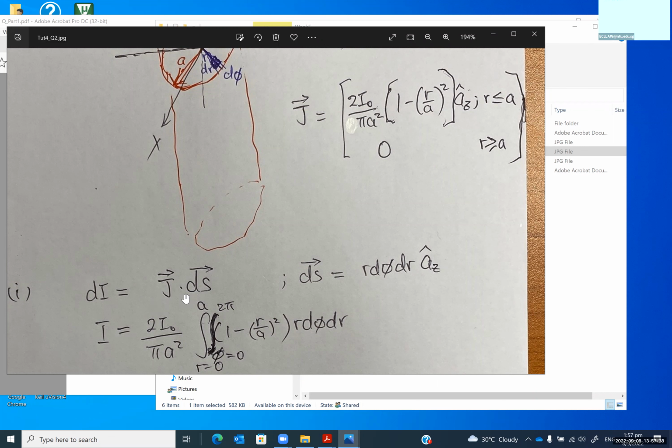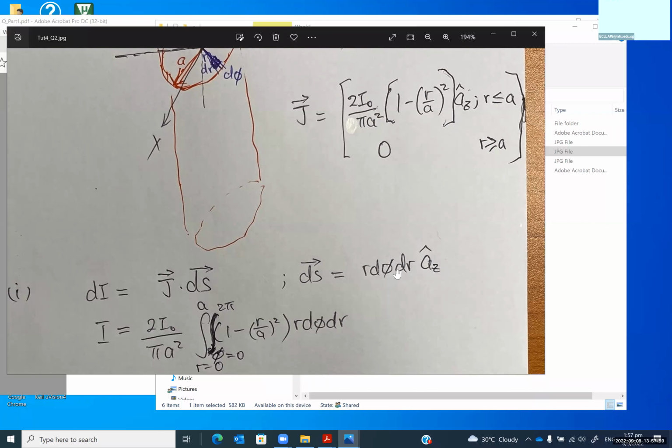So obviously you want it to follow J. Therefore you use the same direction for your ds as your J. Okay, so hence that's why we have ds as a vector r d phi dr az.